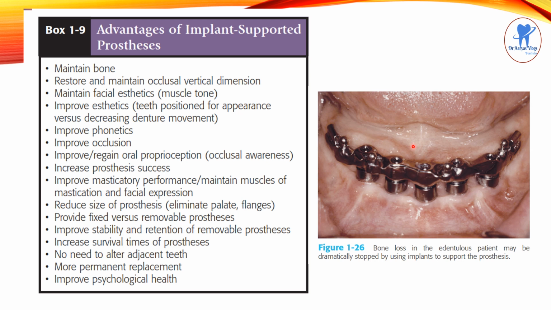It maintains the bone, it restores and maintains the occlusal vertical dimension, then facial aesthetics can be maintained, or muscle tone, improved aesthetics, then phonetics, occlusion, improved oral proprioception, increased prosthesis success, improved masticatory performance or maintained muscles of mastication and facial expression, reduced size of prosthesis, provide fixed versus removable prosthesis, improved stability and retention of removable prosthesis, increased survival times of prosthesis, no need to alter the adjacent teeth, more permanent replacement, improved psychological health.